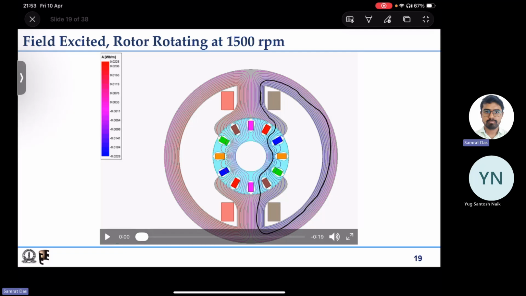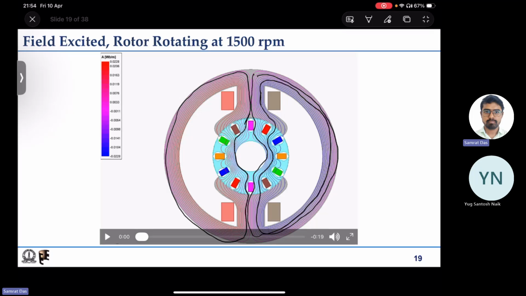For the pink one, the flux lines on either side do not enclose the pink conductor. That means for this rotor position, the pink conductor has zero flux linkage.